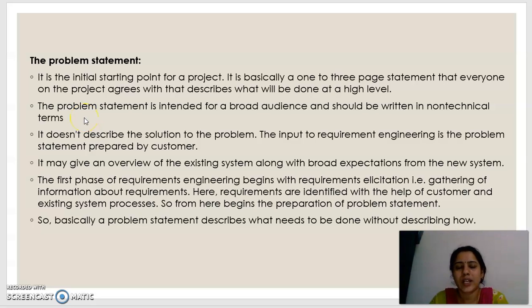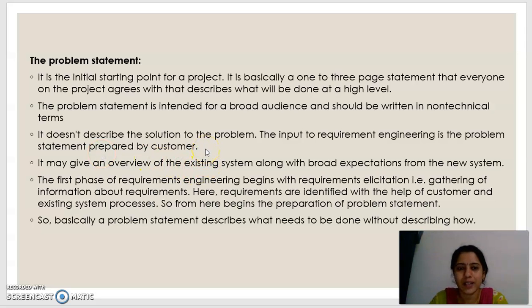No technical knowledge or technical terms are needed to write the problem statement. It should be simple, it should be in English, and it must cover the clear need of the user. It does not describe the solution to the problem. The input to requirement engineering is the problem statement prepared by the customer.